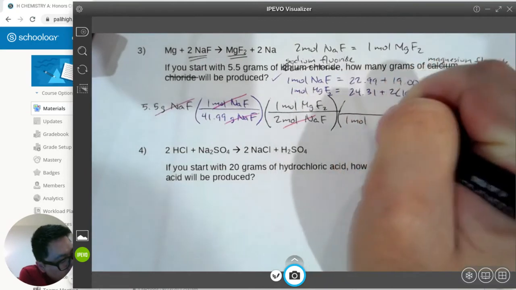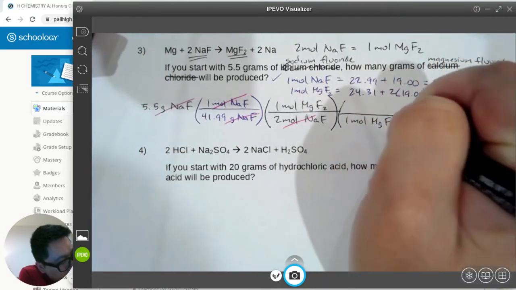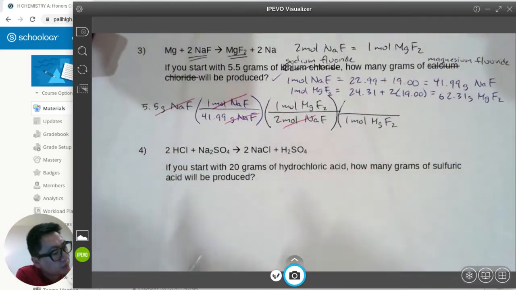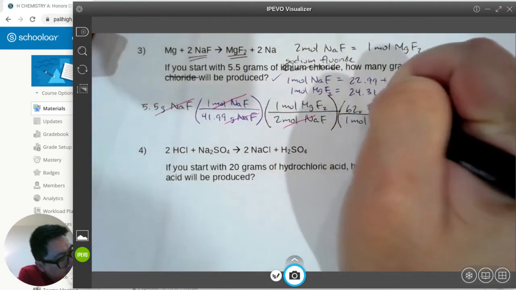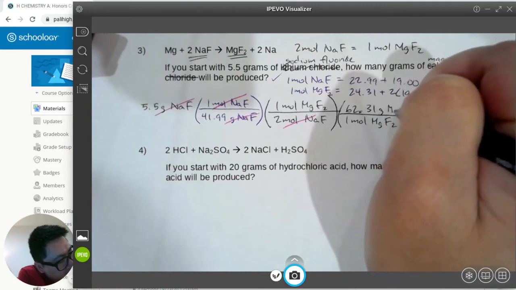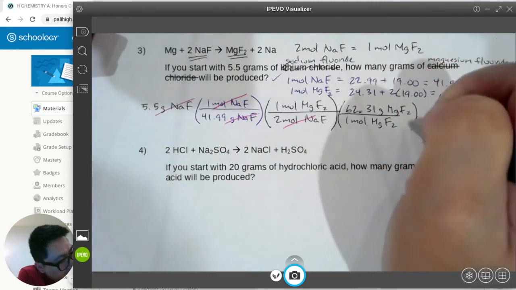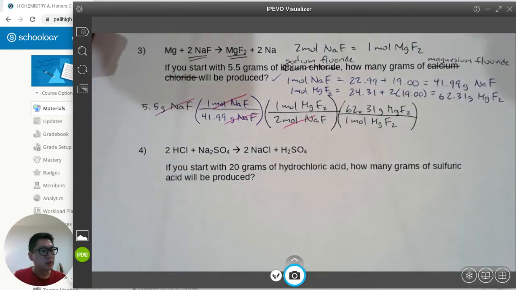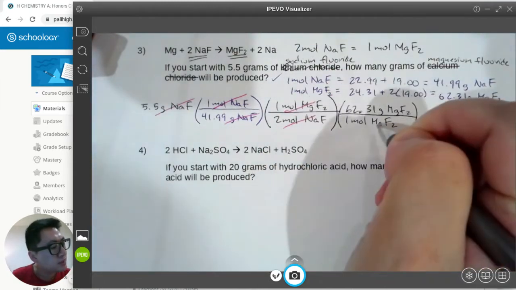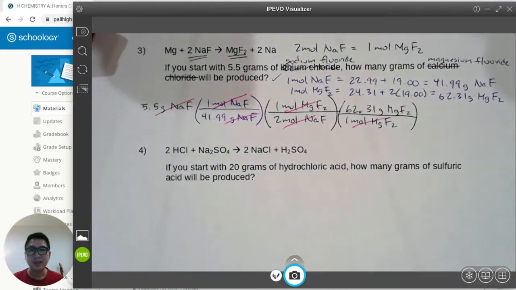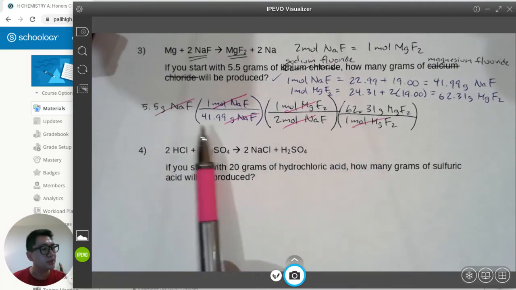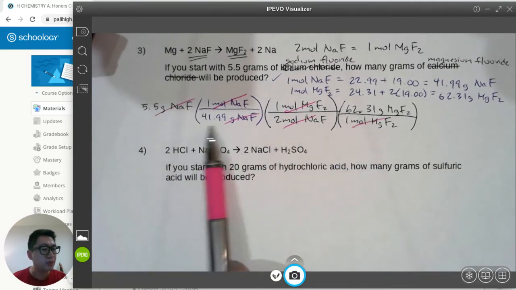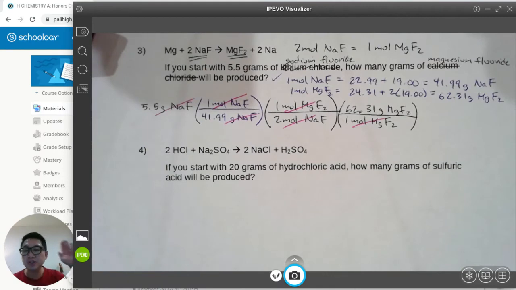1 mole of magnesium fluoride, I put down a denominator, so it cancels out with this one, weighs 62.31 grams magnesium fluoride. Okay, so moles of magnesium fluoride cancels, and I have 5.5 times 62.31 divided by 41.99 and divided by 2.